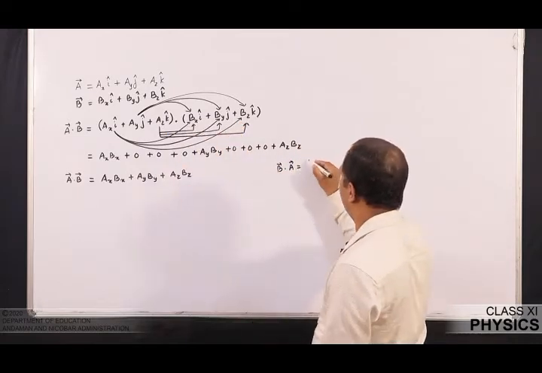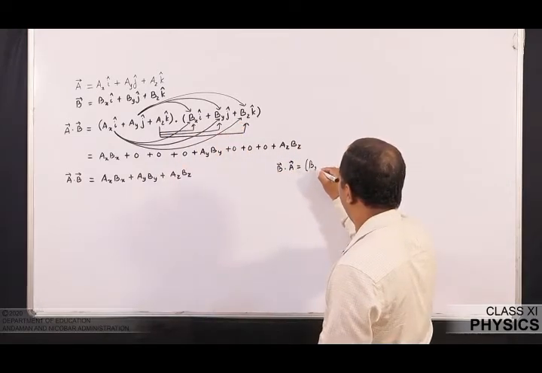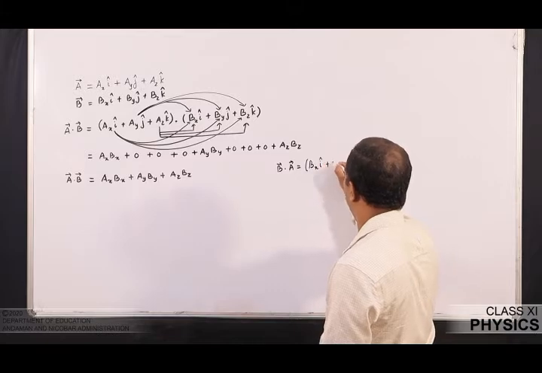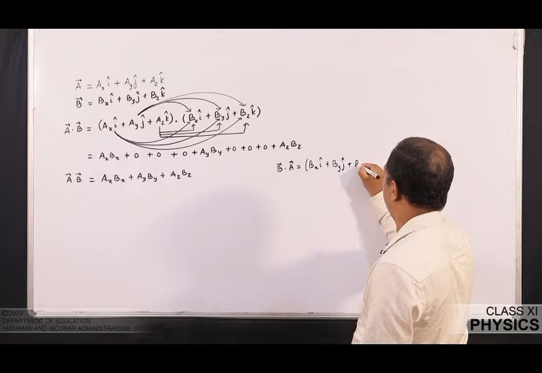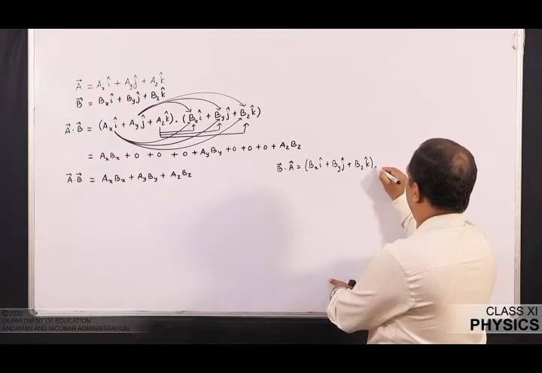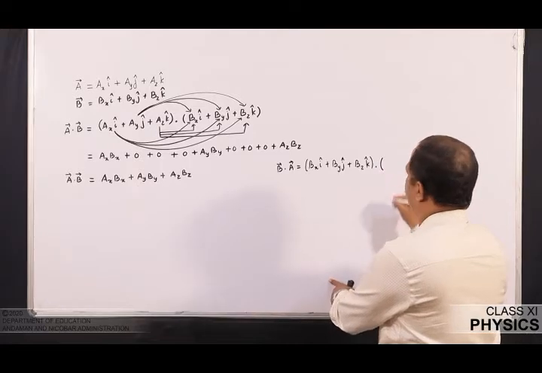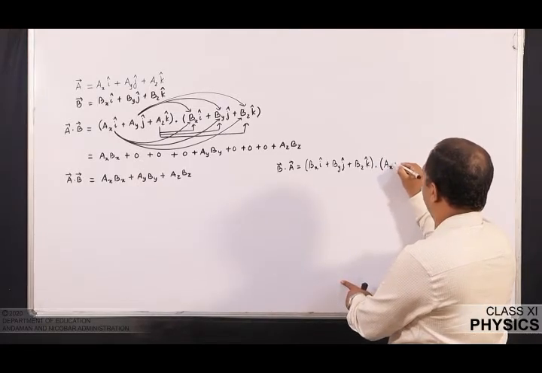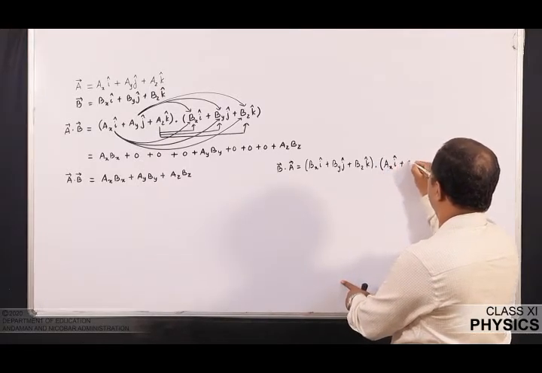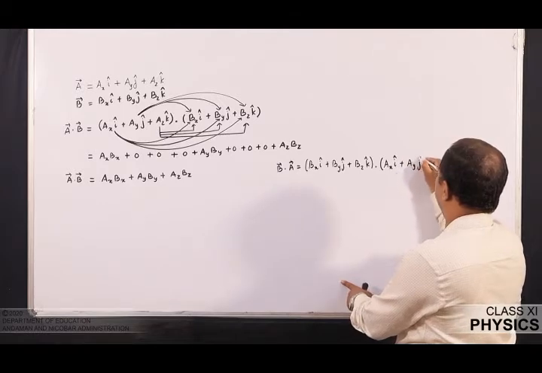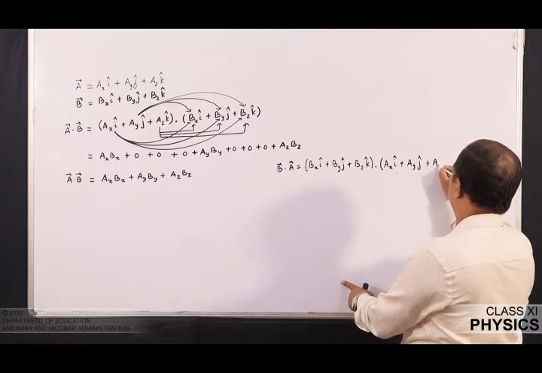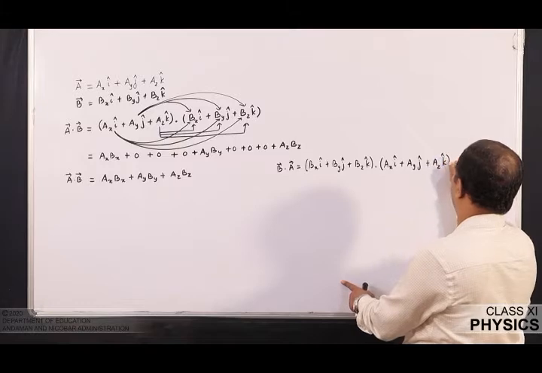For this case, I am going to write bx of I plus by of j plus bz of k. This is vector b for me. And this is ax of I plus ay of j plus az of k.